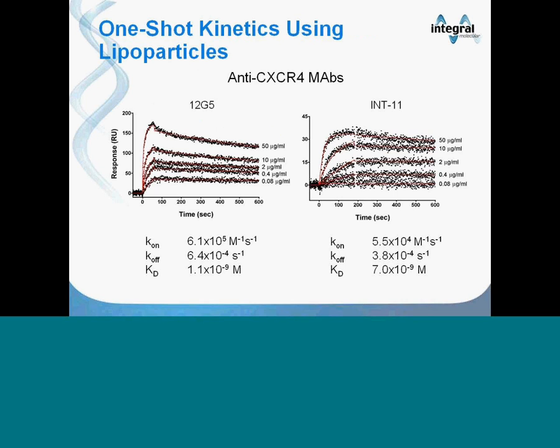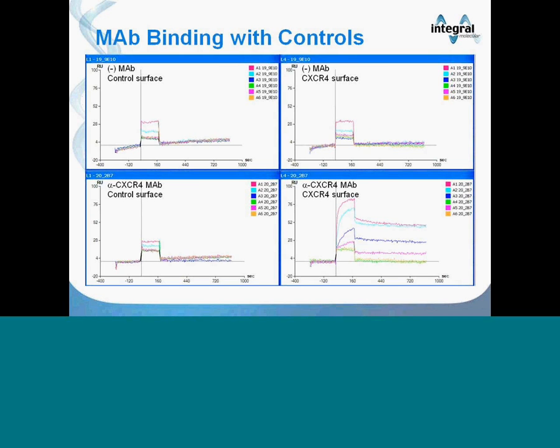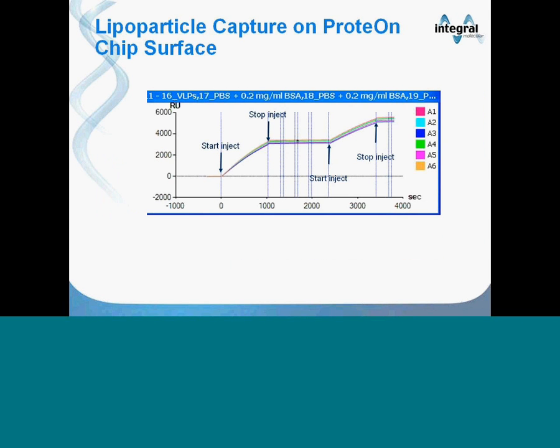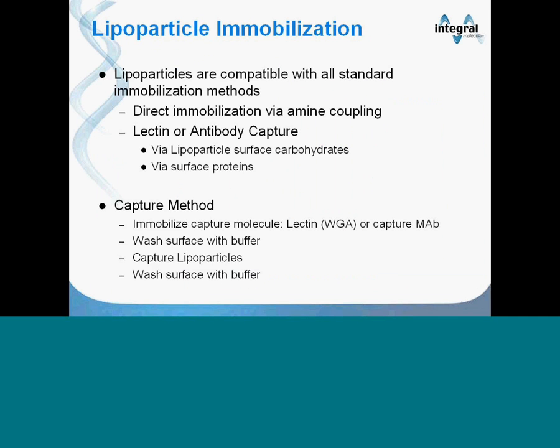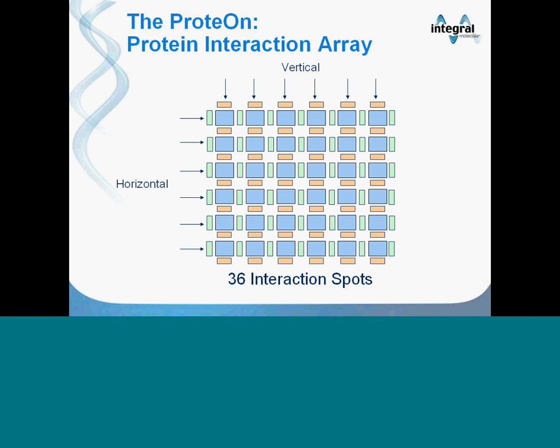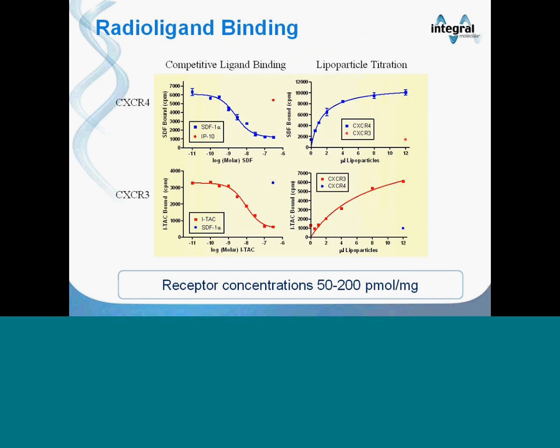What you have to really be careful with in amine coupling is the regeneration. If you bind an antibody or some other type of protein that binds very tightly, it's going to be very hard to regenerate that surface without disrupting the lipoparticles. Okay. Yeah. Thank you. You're welcome.